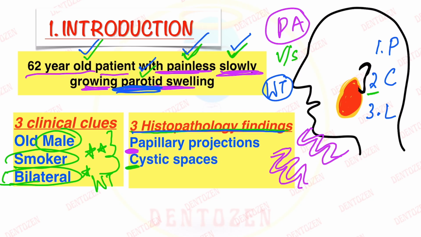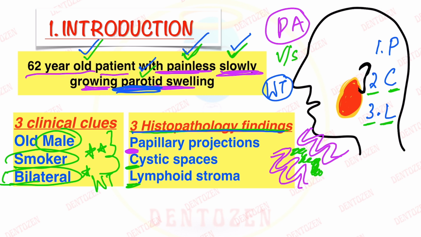C is cystic. So these epithelial papillary projections are extending into a space. Those spaces are called the cystic spaces. So second component C is for the cystic spaces. What about the third component L? Now L refers to lymphoid stroma. What is lymphoid stroma?